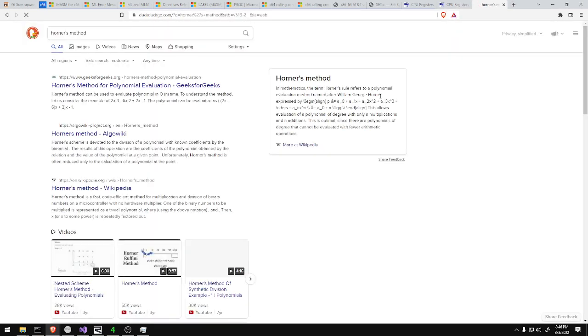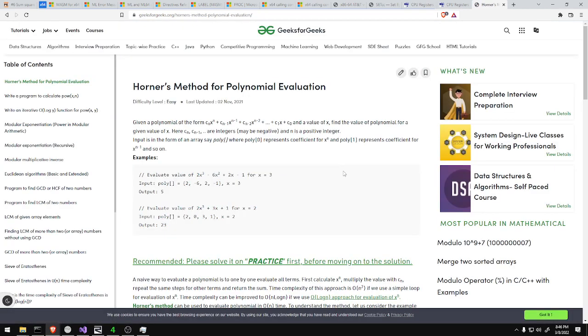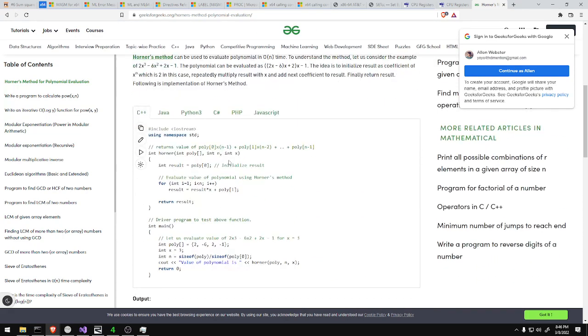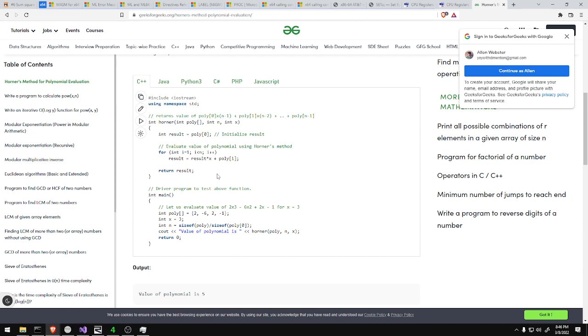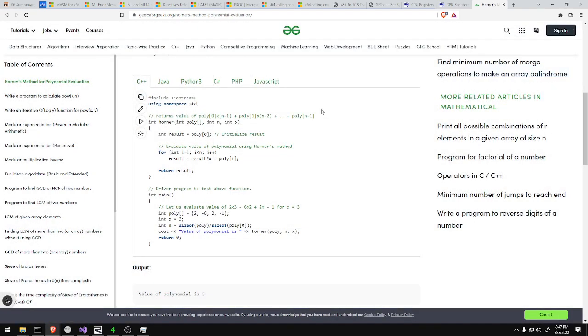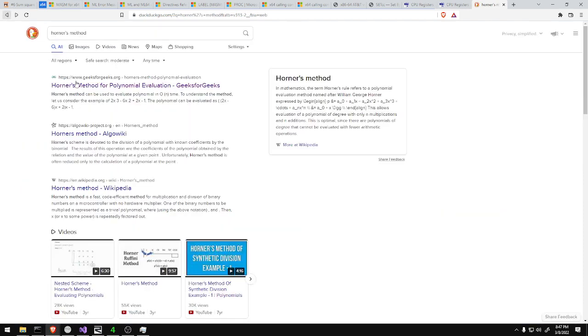Horner's method. Yeah, I usually like a Wikipedia page.